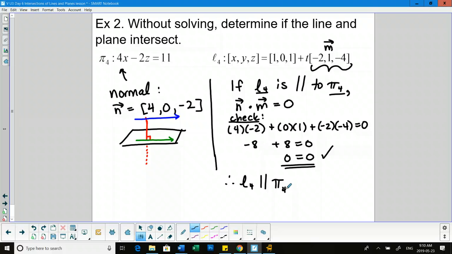If I wanted to check whether the line and plane are parallel and distinct or parallel and coincident, does anybody have a way that we could do this really quick? How could I check if that line is in that plane or if it's not in that plane? Mark?